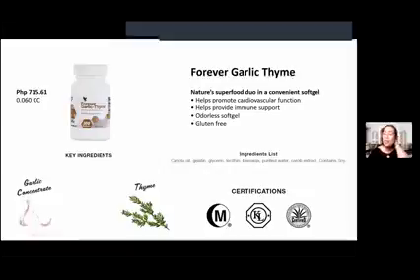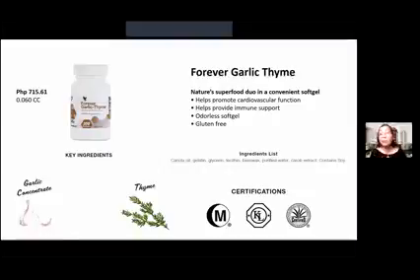The thyme is very good. The thyme is an ingredient that has antiviral, antibacterial properties. Now, they said that the thyme is good, but the problem is that it's not very digestible. It cannot be used up easily by the body, the thyme.